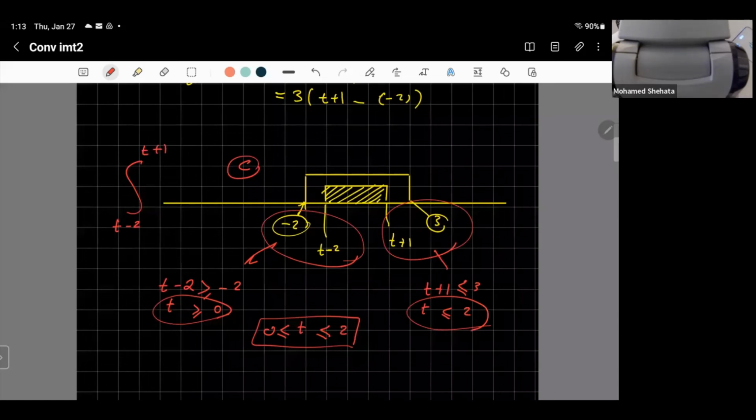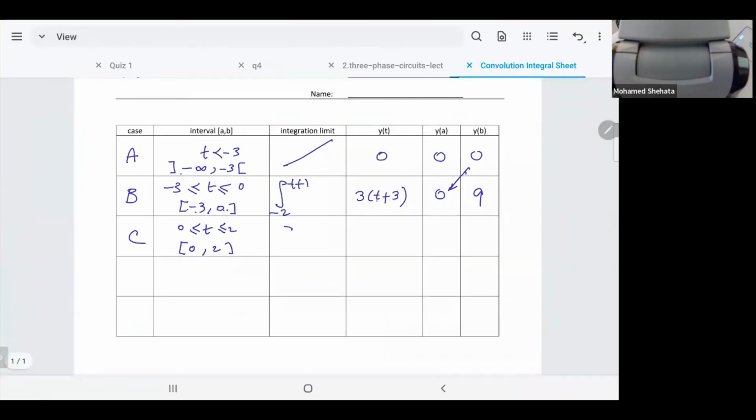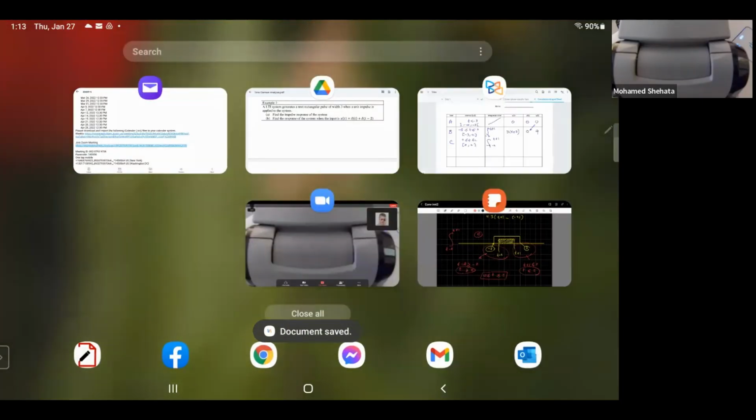There are no zeros. The only time you cut the boundary or the limit of integration is when the value of one of the functions will be equal 0. So from t minus 2 to t plus 1, that's the first. Integration from t minus 2 to t plus 1.